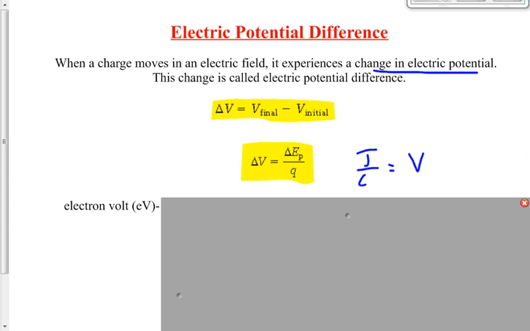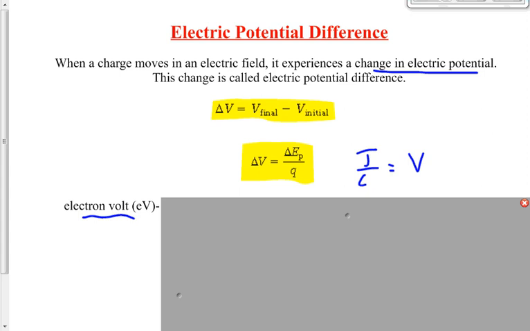Sometimes we want to use a kilowatt hour. If you're measuring electrical energy, the energy that comes into our house electrically, it's going to be a kilowatt hour. Another set of units that's used for energy is an electron volt. An electron volt is to joules as a light year is to meters, right?